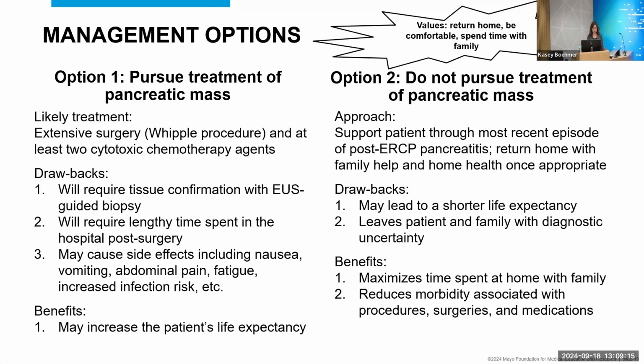It would likely require lengthy stays in the hospital, both around the likely surgery and then around the chemotherapy agents that she would need to have. And then it would also involve more morbidity with side effects including nausea, vomiting, abdominal pain, fatigue, likely increased risk of infection, among others. But the benefit of that may be that we would increase the patient's life expectancy.